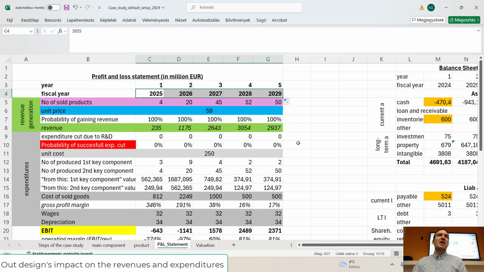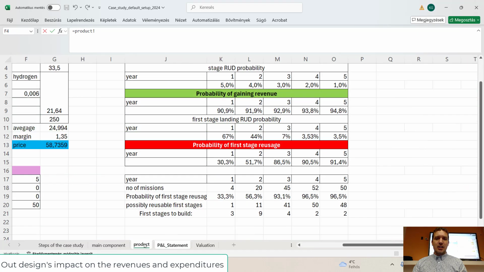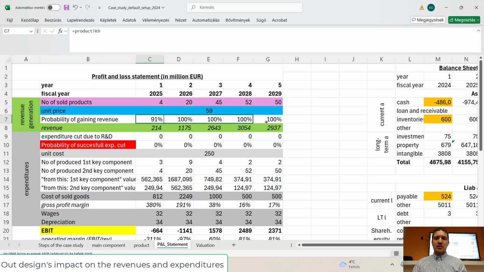Doesn't matter much, we are in 2025, not 2024 anymore. Okay, unit price. What you can see is it's already linked in, so we are excellent. Then probability of gaining revenue, this is coming from launch success. Yes, this one, probability of gaining revenue. We just link it here.